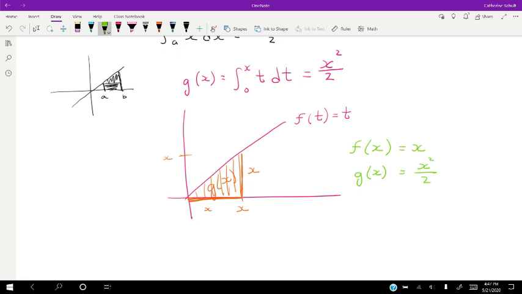So that's what we got from this. And can you see how these are related? Well, what happens if we take the derivative of g of x? Let's see, bring down the 2, the 2's cancel, and we're left with just x, which is exactly what f is.